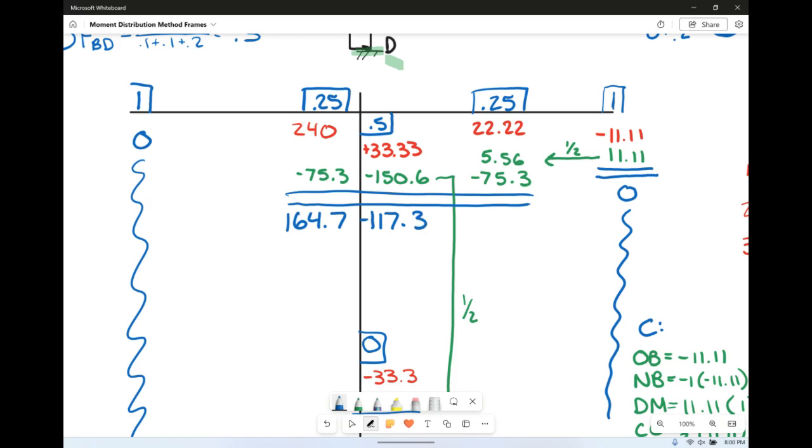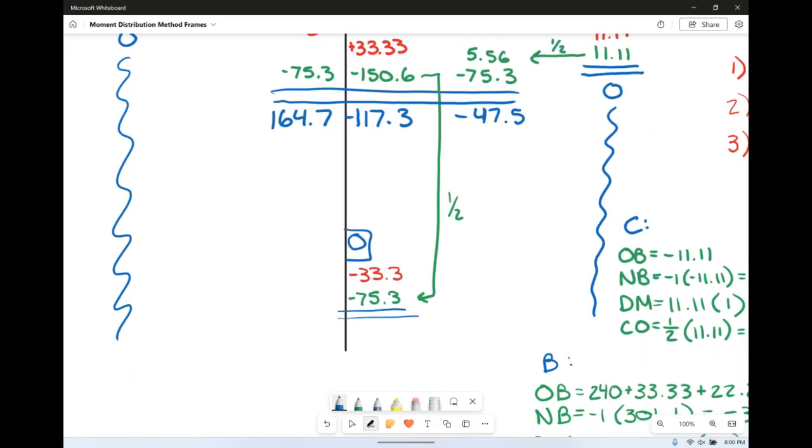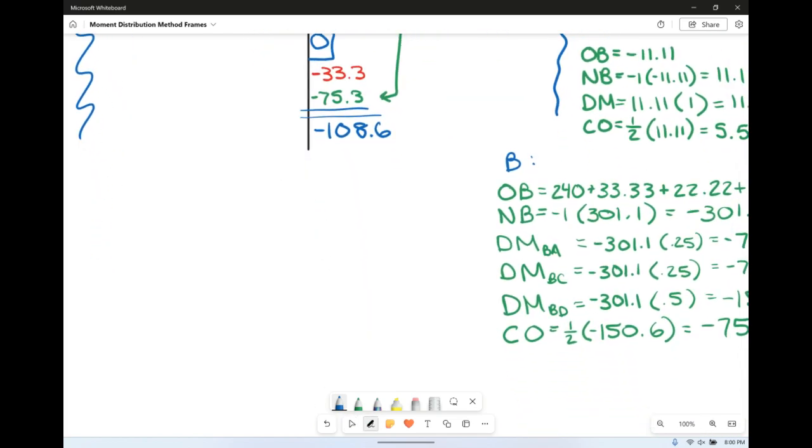Then we have 22.22, 5.56, and negative 75.3. That's going to give us negative 47.5. Down at the bottom, those two add together to be negative 108.6. Now technically joint B should be in equilibrium.